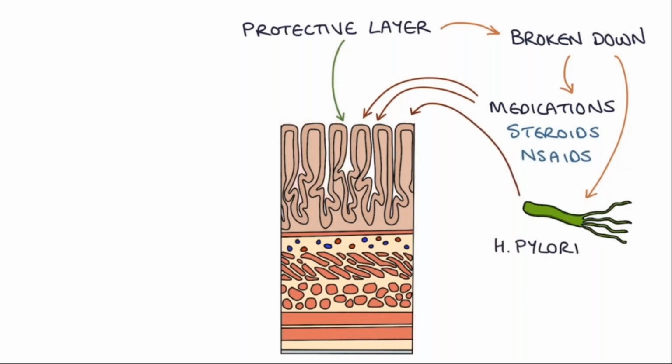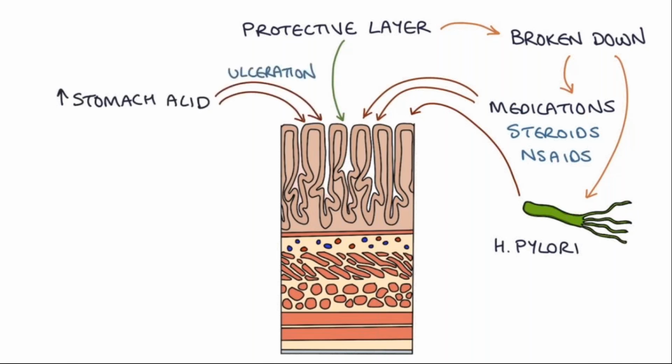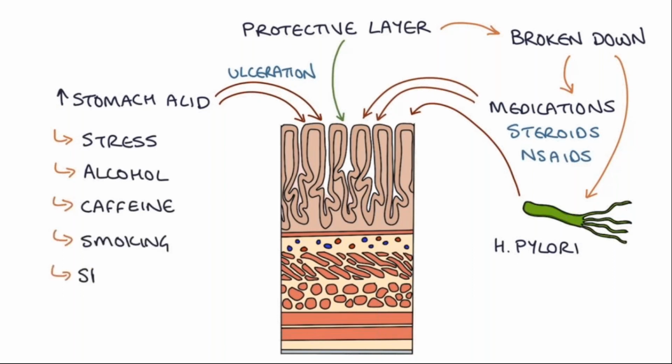There can also be an increase in stomach acid, which makes the stomach mucosa more prone to ulceration. And increased acid can be caused by stress, alcohol, excessive caffeine consumption, so too much tea and coffee, smoking, and spicy foods.